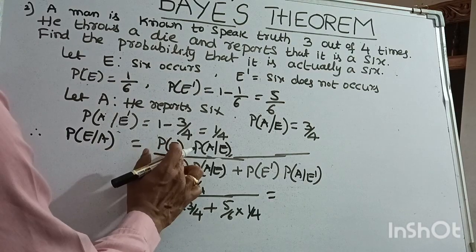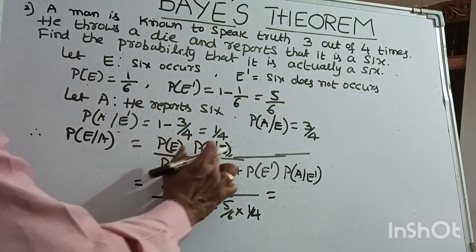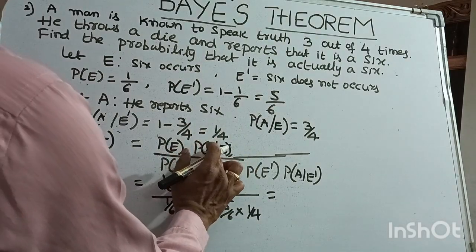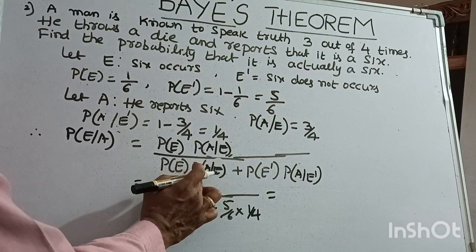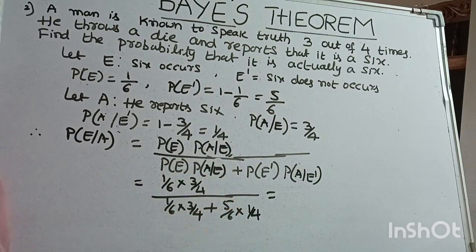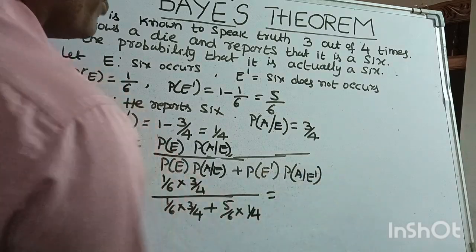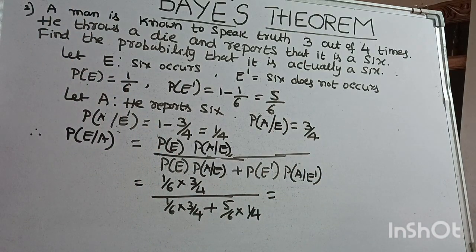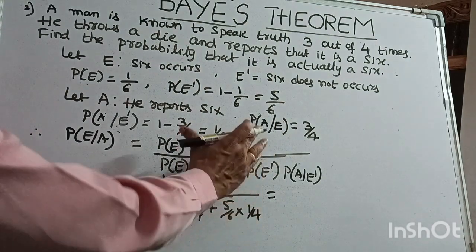So it is the probability of E into the reverse probability of this one: the probability of A given E has occurred, divided by the probability of E into the conditional probability of A given E has occurred, plus the probability of E complement into the conditional probability of A given E complement has already occurred. So by using Bayes' theorem we write it like this.